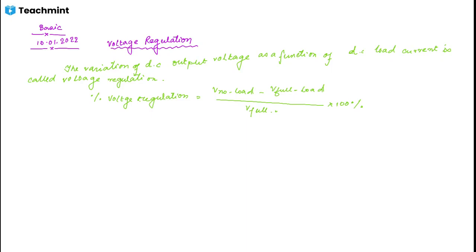That means if a power supply has a no load voltage of 9 volt, and the full load voltage of the circuit is 8 volt, then the voltage regulation percentage will be 9 minus 8 by 8, into 100%.